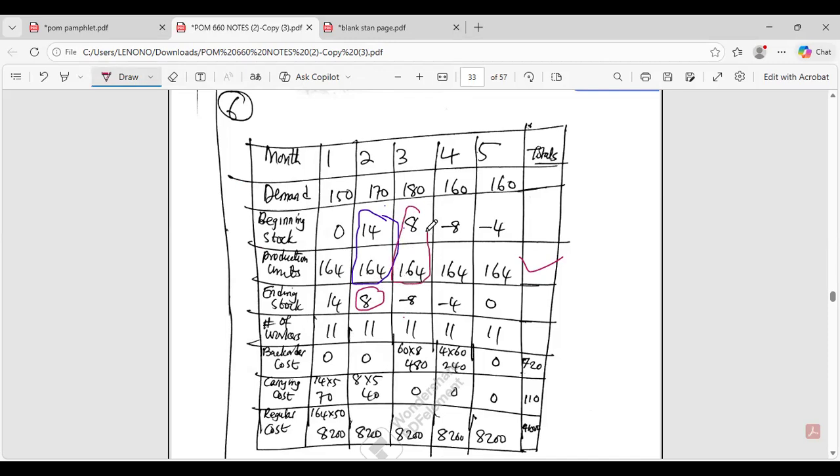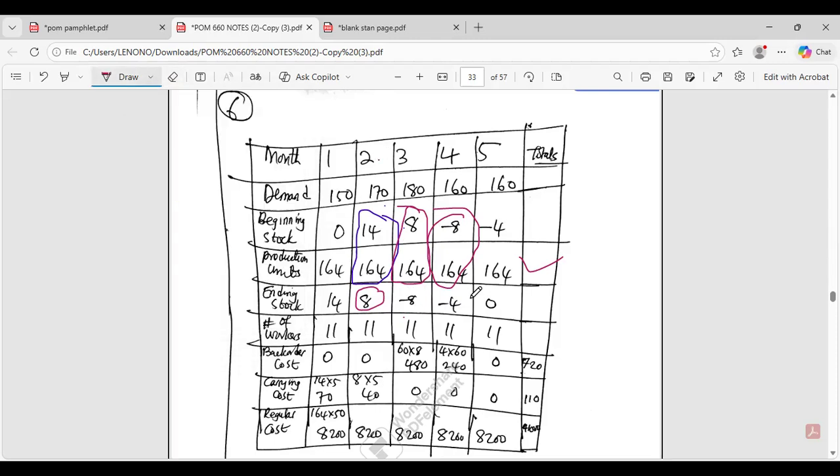8 plus 164, how much are you remaining with? -8. So this negative 8, you carry forward. It comes here. Negative 8 plus 164 gives us what? Negative 4.